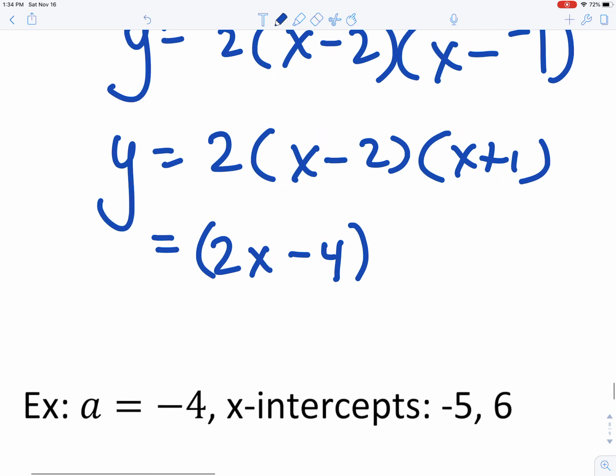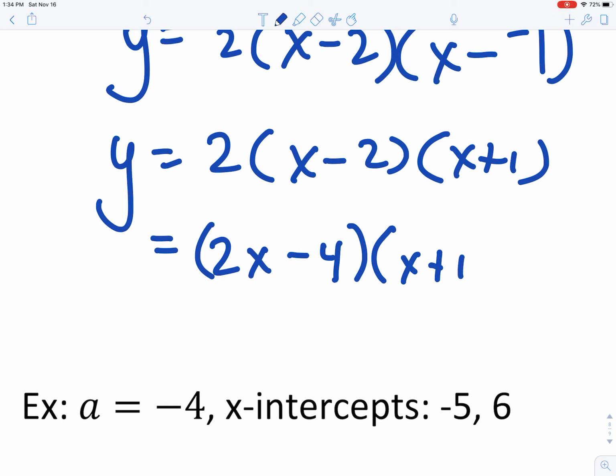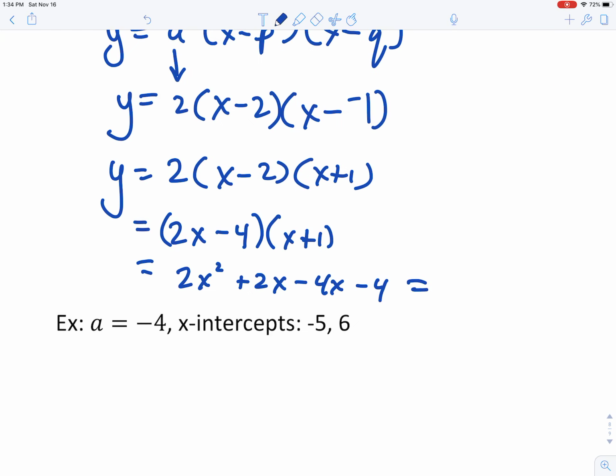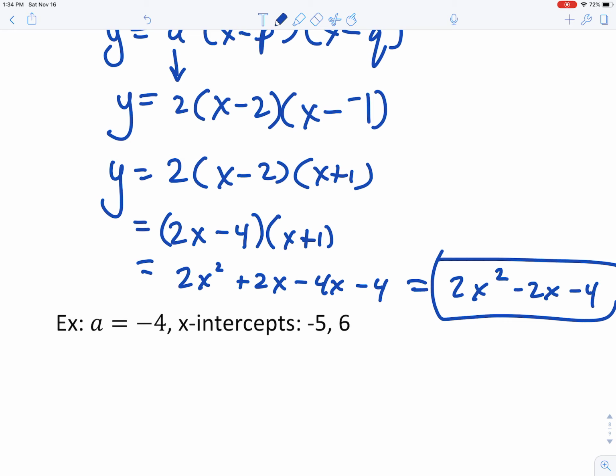Keep in mind I want to leave these in parentheses and then multiply by x plus 1. And then I get 2x squared plus 2x minus 4x minus 4. When I simplify that, I get 2x squared minus 2x minus 4, and that will be your final answer.